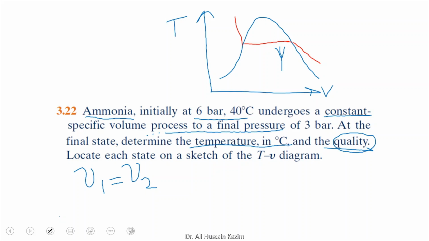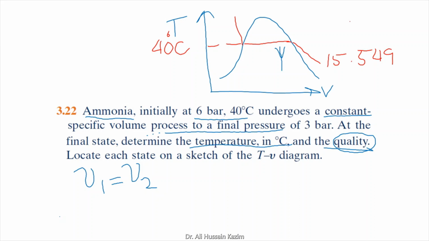So if this temperature is 40 degrees Celsius, then this line of constant pressure is 15.549 bar. This line is 15.549 bar.